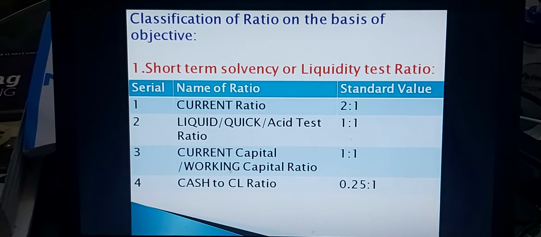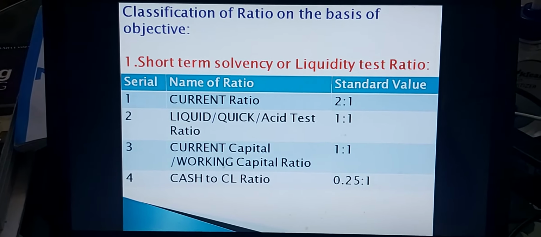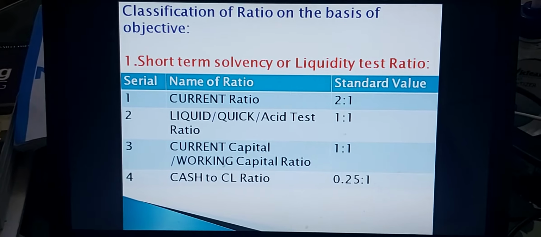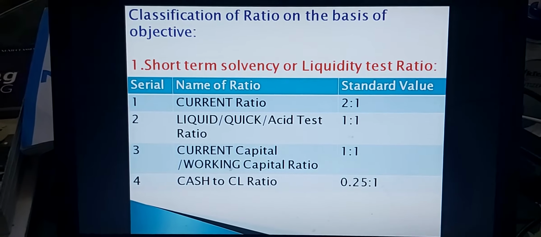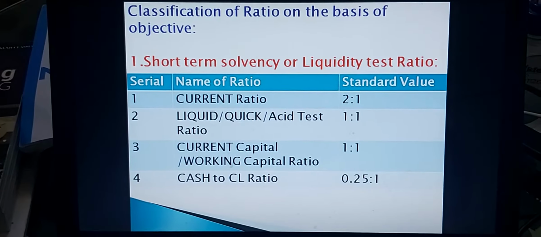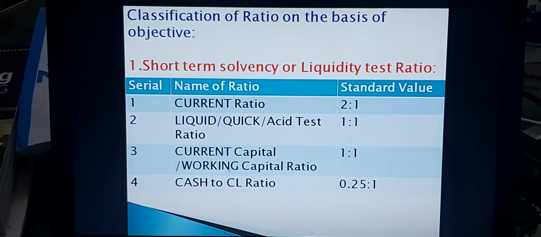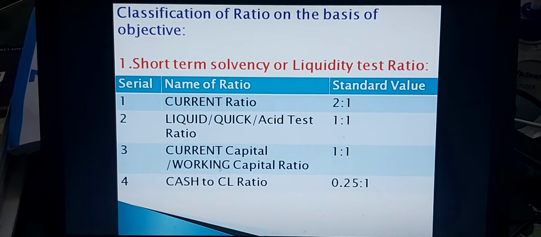Second one, liquid ratio or quick ratio or acid test ratio. Number 3, current capital ratio or working capital ratio. Number 4, cash to current liability ratio.